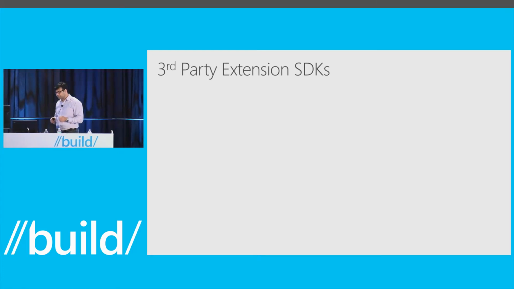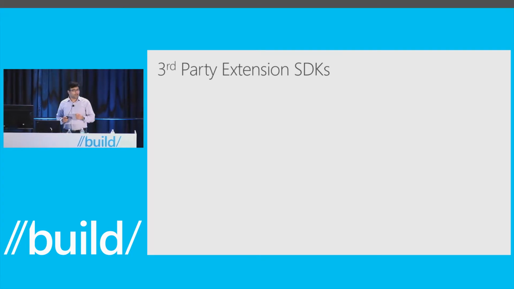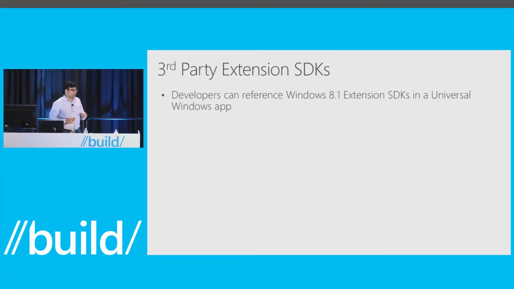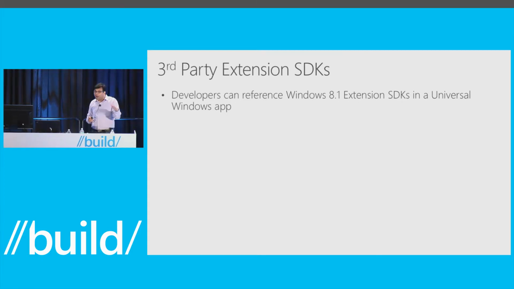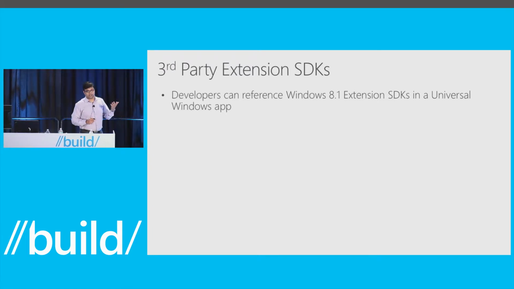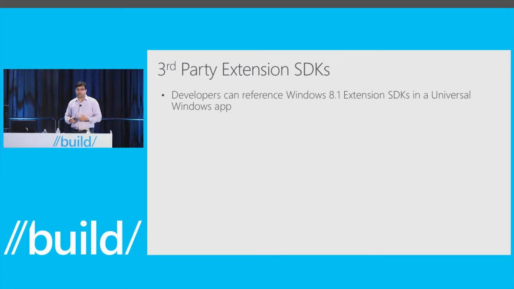For the Universal Windows Platform, we will support referencing existing Windows 8.1 extension SDKs in your Universal projects. So if you have an existing Windows 8.1 extension SDK, whether it's the behaviors SDK that Microsoft ships, or a third-party SDK like Telerik or DevExpress, you can just reference the existing Windows 8.1 extension SDK in your Universal project and use it.